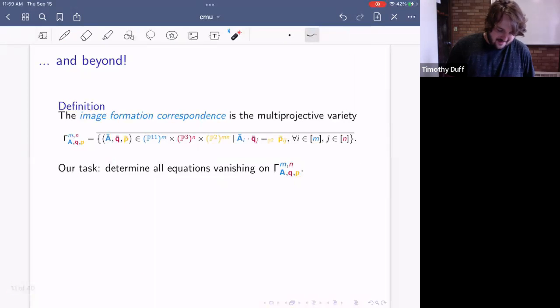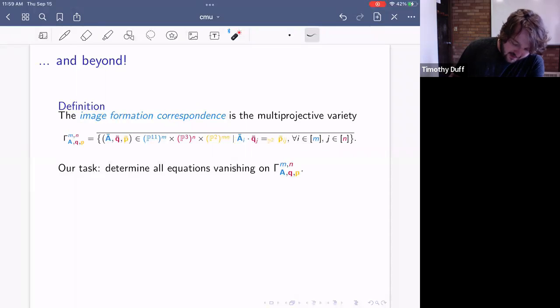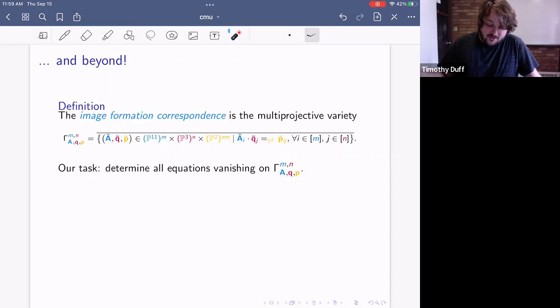Okay, so let me get to the definition. The image formation correspondence is a geometric object that captures everything that we're interested in. So for any choice of m cameras, n world points, and mn possible images, we look at the incidence conditions imposed by saying that qj maps to pij under ai, and this gives us some Zariski open subset of this product of projective spaces.